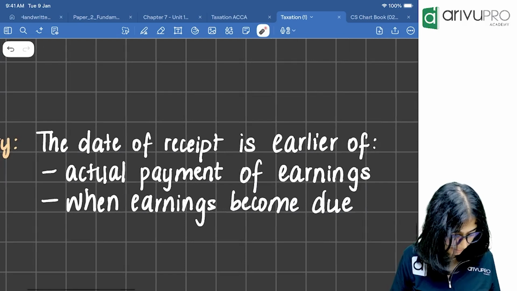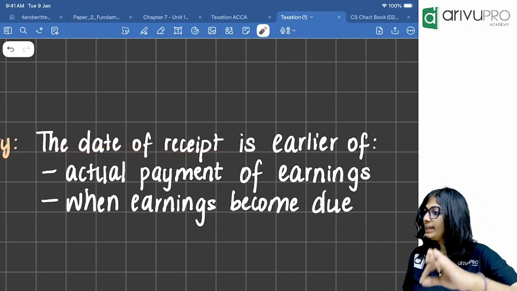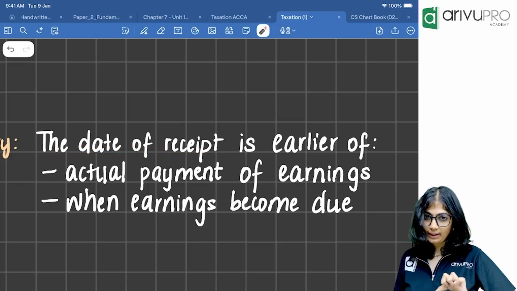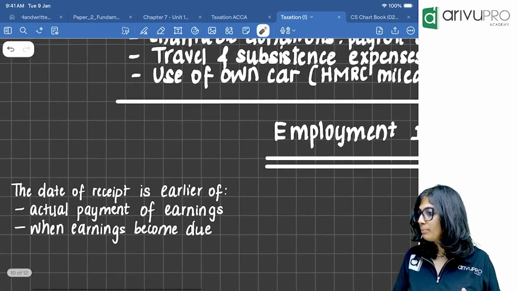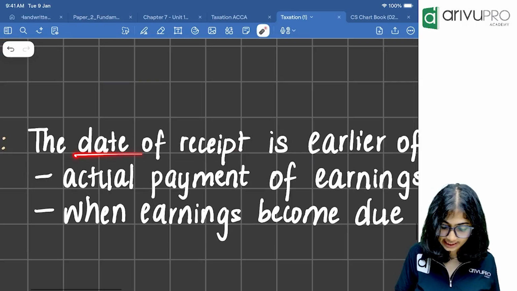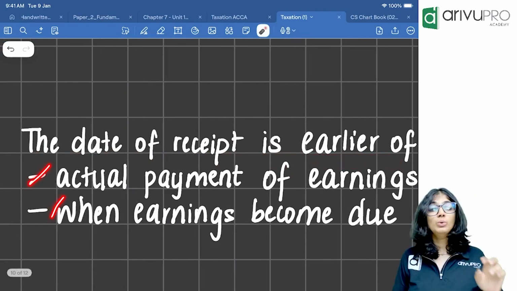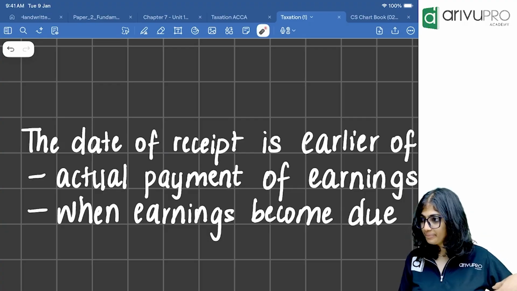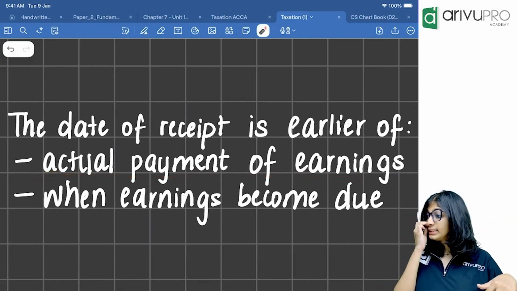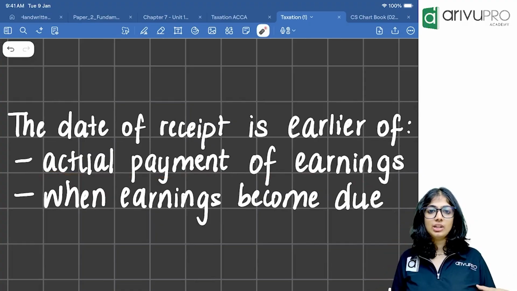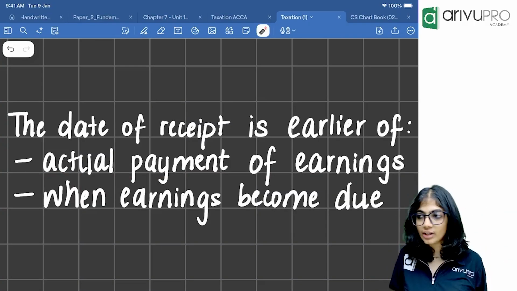The date of receipt, that is the day when you actually receive the income, for assessing employment income, the date of receipt is the earlier of these two, the earliest date. Okay, the first one is when you actually receive the earnings in cash, when that amount is actually credited to your account.